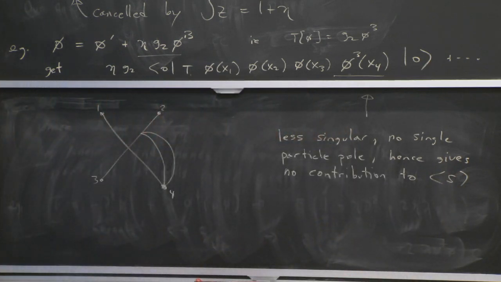Yeah. As far as the theorem goes, this last step that you're showing is pretty much by hypothesis, right? In what sense? Like the hypothesis of the theorem is that field redefinition does not change your one-particle states. That's right. That was an assumption. Is that the same as what you're showing?